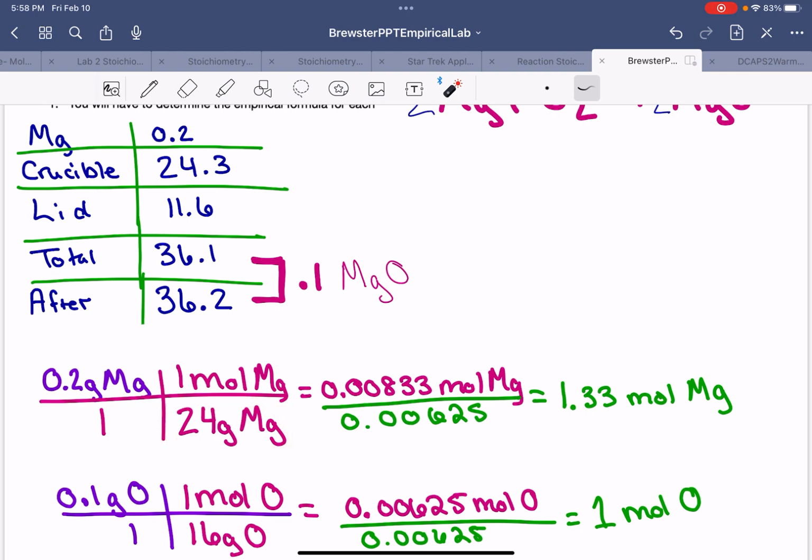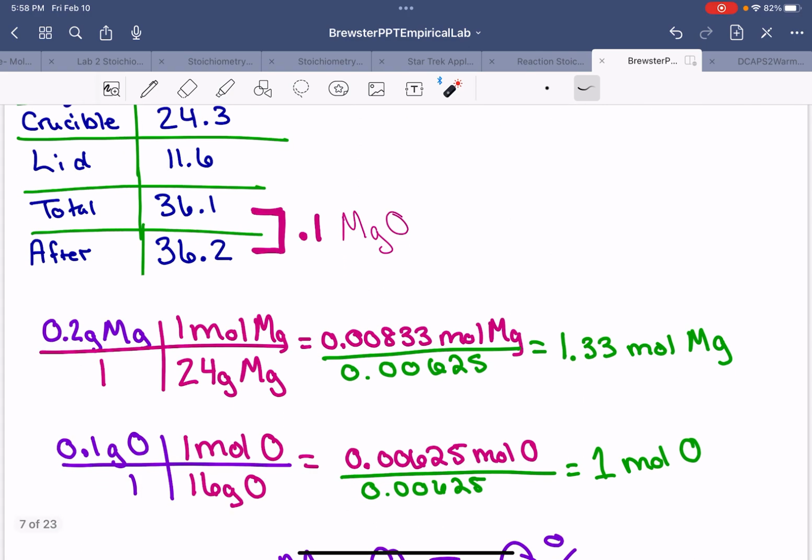Then I put 1 mole of magnesium on top. When I do the math, I'm going to keep several of these numbers because of my next step. So then I'm going to do the same thing with the 0.1, which represents the oxygen. So the 0.1 divided by 16 grams, because that comes from the periodic table. This gives me how many moles that 0.1 represents of oxygen.